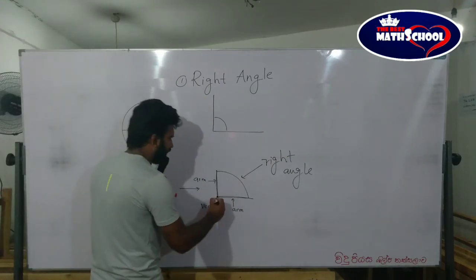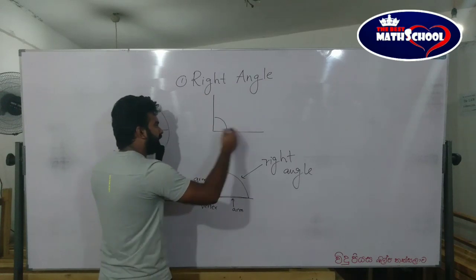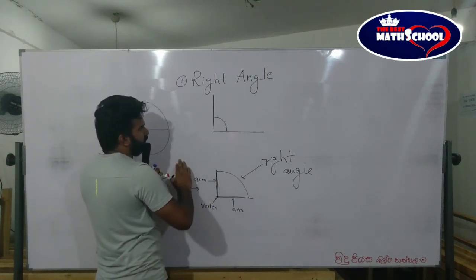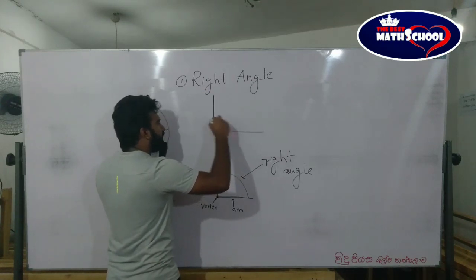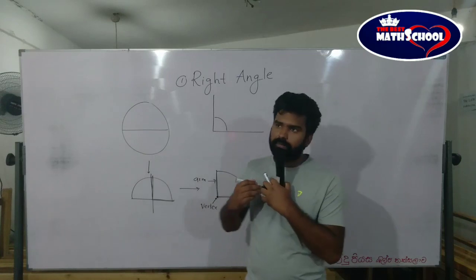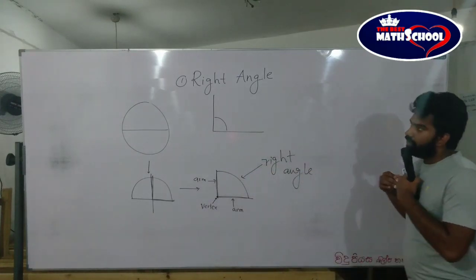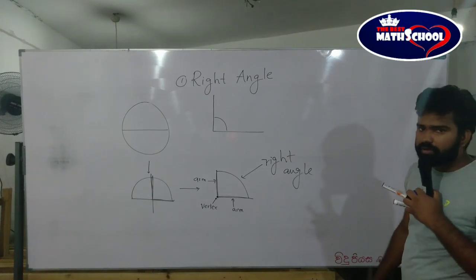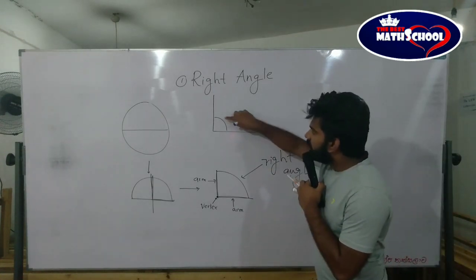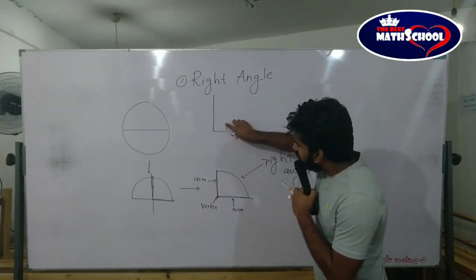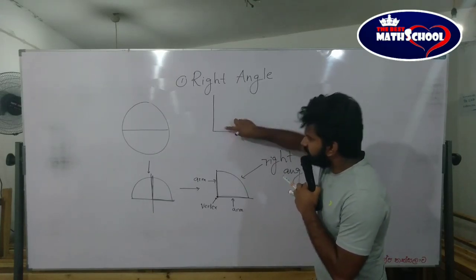So the same thing, we can take it like this. A horizontal line and a vertical line together, we can take as the right angle. But the most important thing is to indicate a right angle. We are not going to use a curved line segment like this.